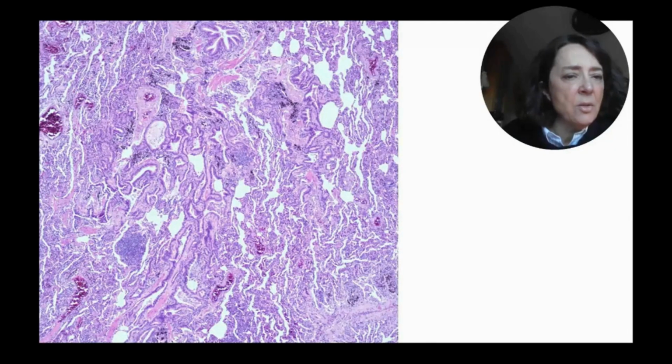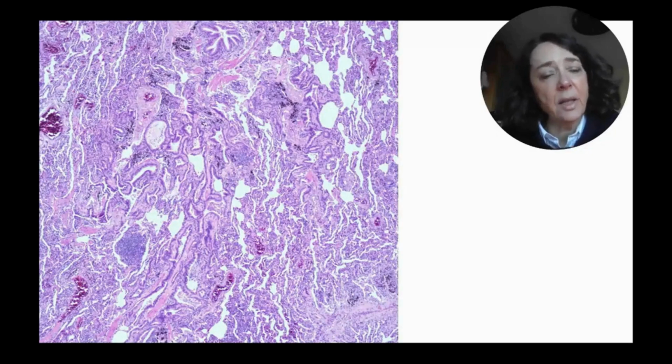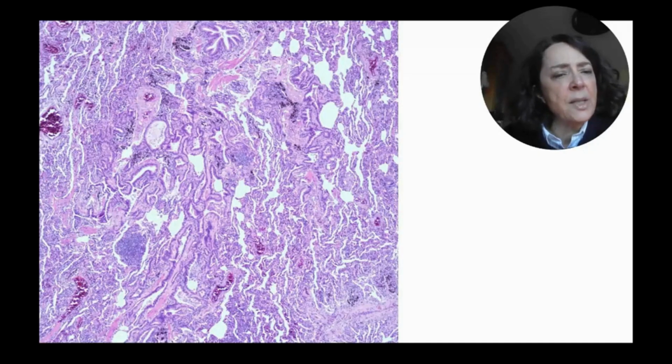The smooth muscle is always surrounding the terminal bronchioli. But in this picture, you will also see this peribronchial metaplasia. So it's this lining of the alveolar ducts and the alveolar spaces by this bronchiolar epithelium, which is not normal. This is indicating that this is a chronic entity.